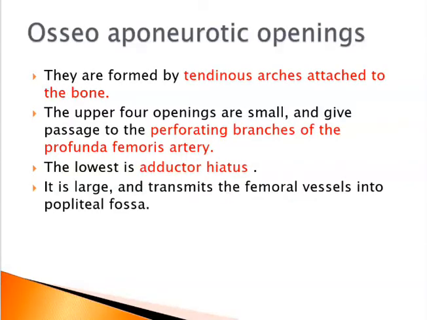So we discuss osteoaponeurotic openings. These are formed by tendinous arches attached to the bone. These tendinous arches belong to the adductor magnus muscle. They help in forming openings for the passage of perforating arteries, and at the same time do not compress the arteries during contraction of the muscle.